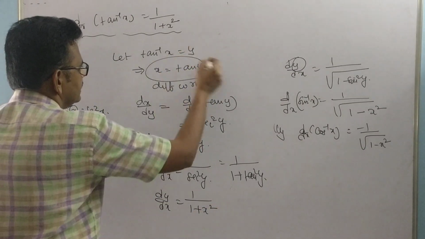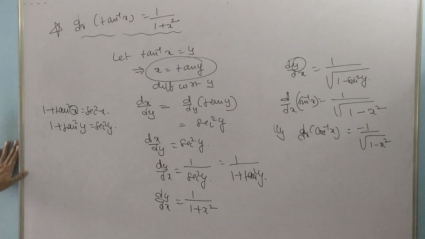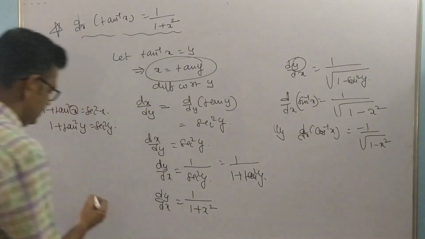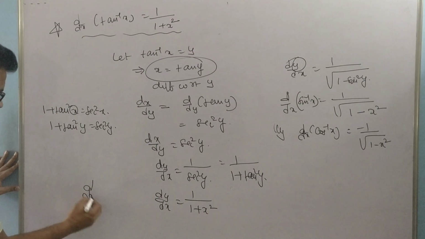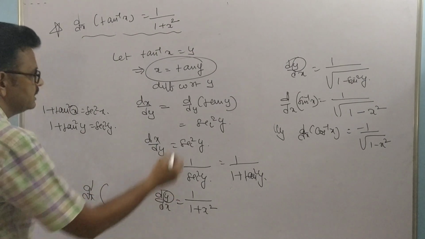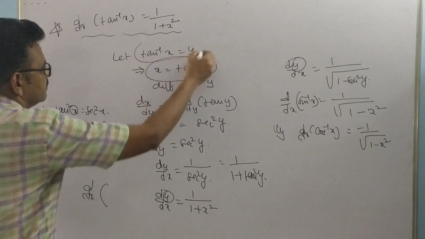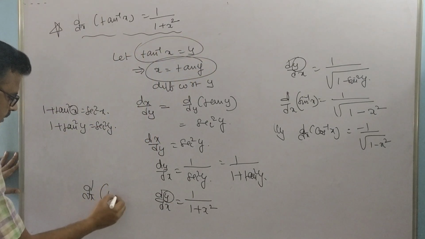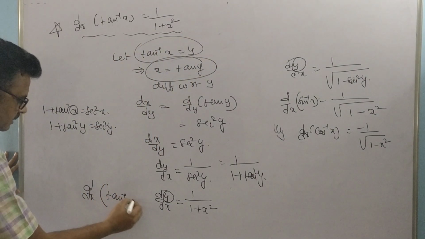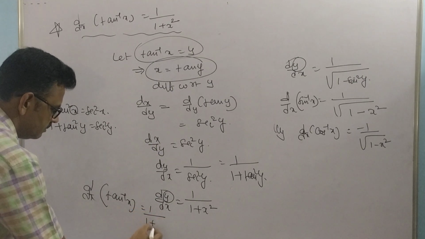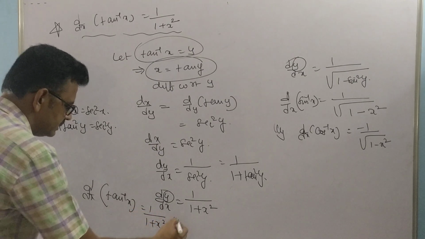Tan y equal to what? x. So, tan square y is x square. Therefore, d by dx of y, where y is tan inverse of x, derivative of tan inverse of x is equal to 1 by 1 plus x square.